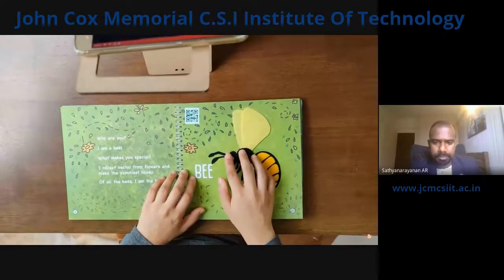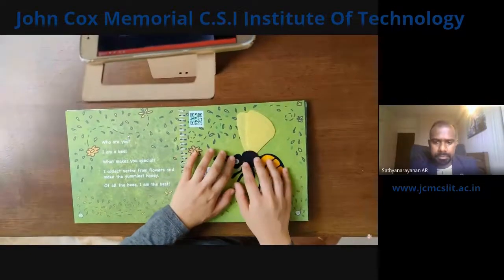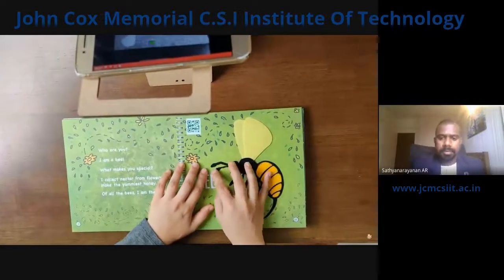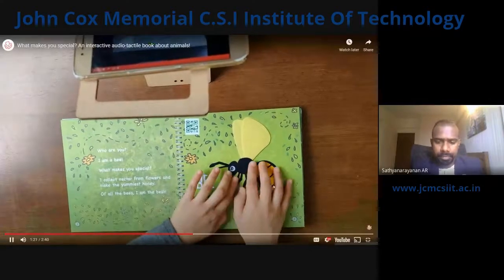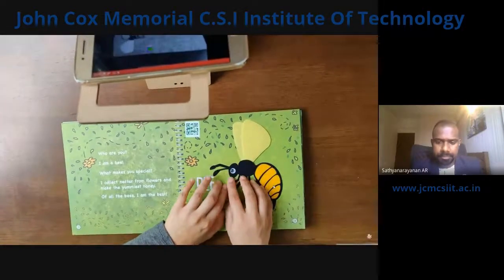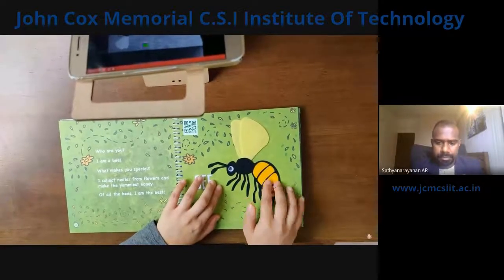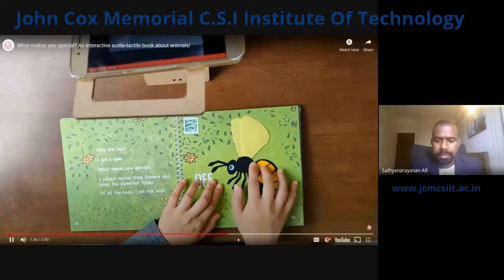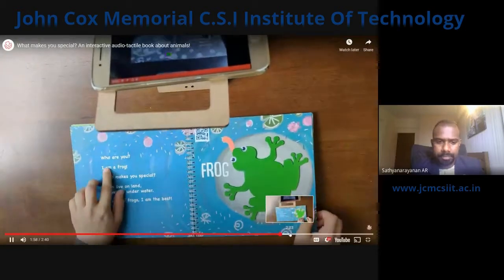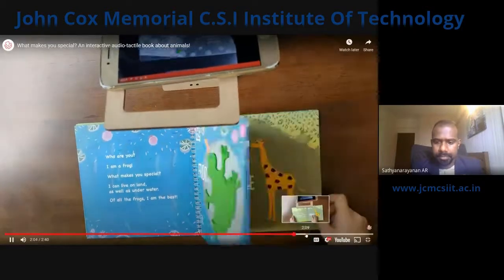This image only shows one of its big eyes, but a bee has 5 eyes. Yes, a bee has 5 eyes. Attached to the head are 2 thin long antennae. Bees use these to smell, just like we use our nose to smell. To the right of the head is the thorax. This is where the wings and legs are attached to the body. Can you find the 6 thin legs under the bee's body? A little more to the right is its large abdomen. This is where the bee's classic yellow and black stripes are most visible. Who are you? I am a frog. What makes you special? I can live on land.